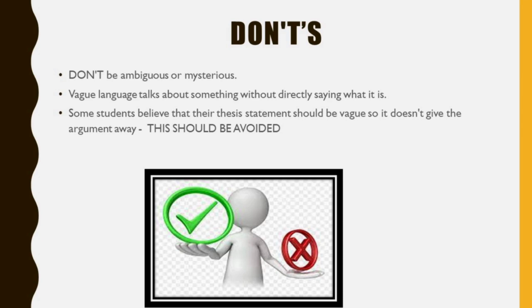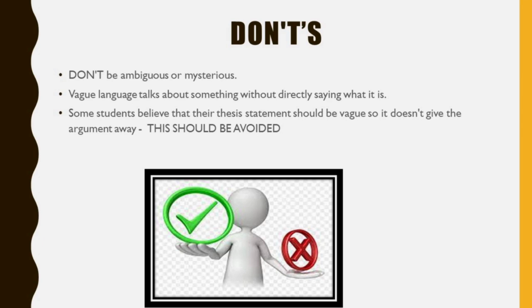So you shouldn't be confused about what you have planned to focus on. There must be a proper focus, and vague language shouldn't be seen anywhere in a thesis statement. You should directly mention your main ideas and the supporting ideas.